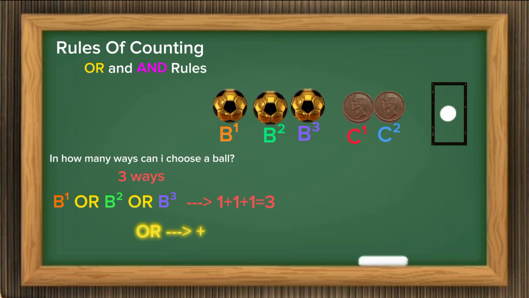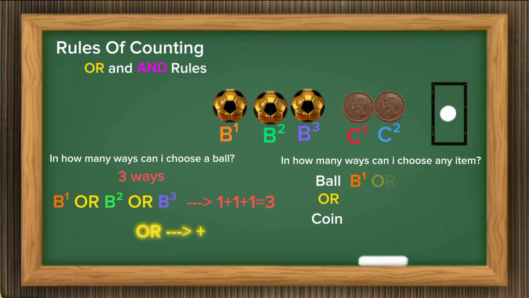Now, suppose I want to find the number of ways I can choose any one of the given items. Any one of the given items means I want to choose one ball or one coin to place in the box. Choosing one ball means choosing B1 or B2 or B3.